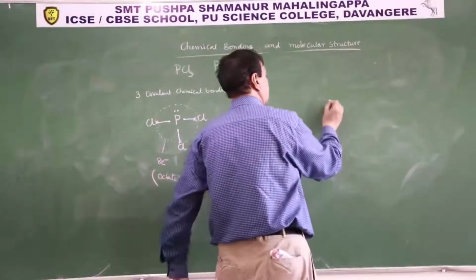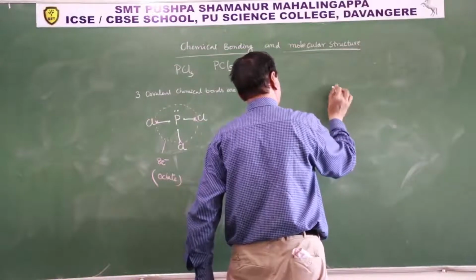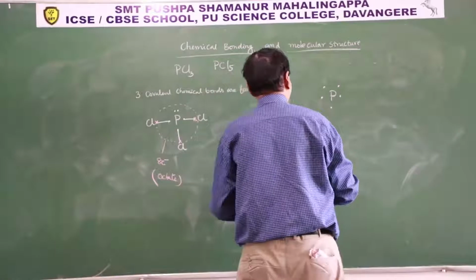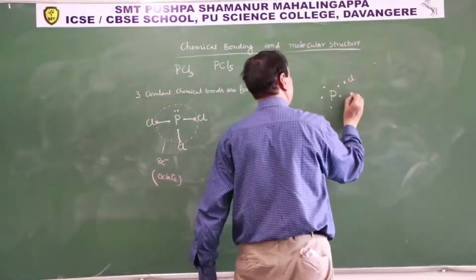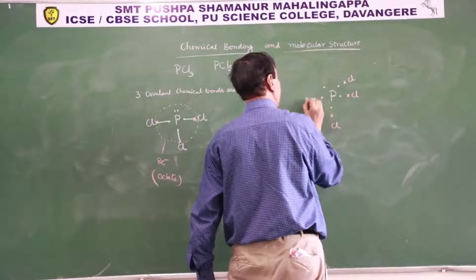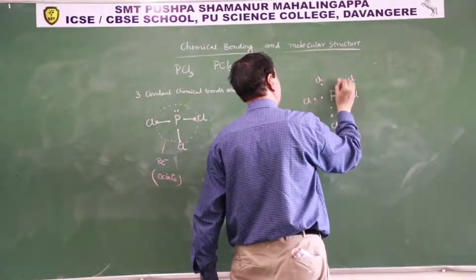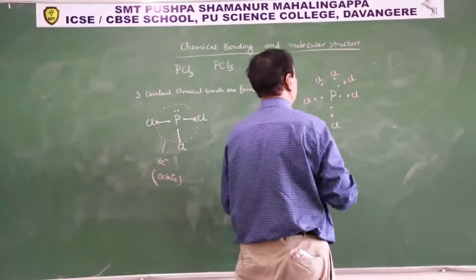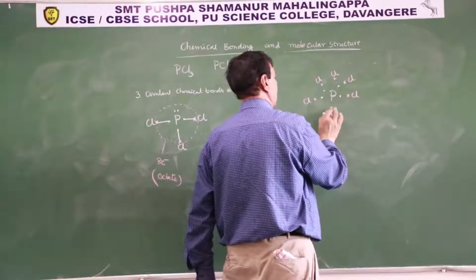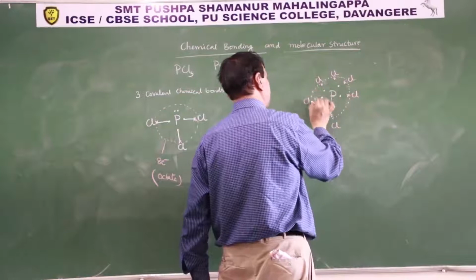PCl5 again. This is phosphorus. See the number of electrons.